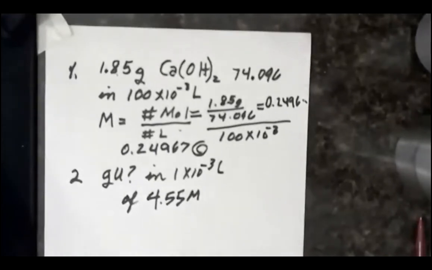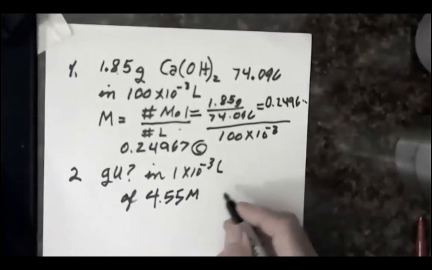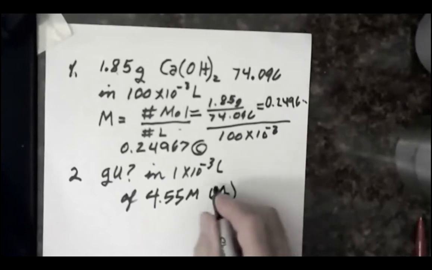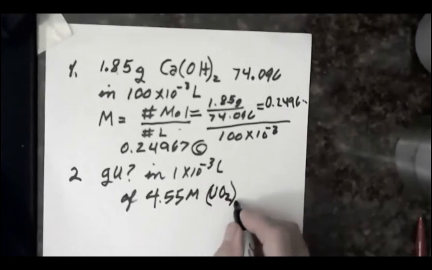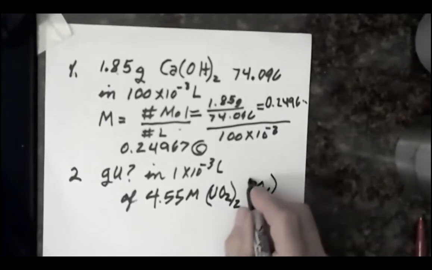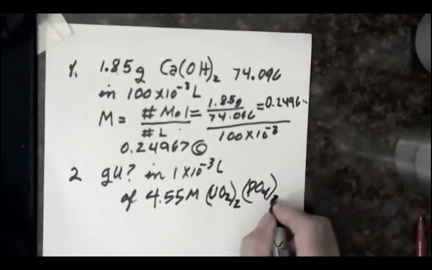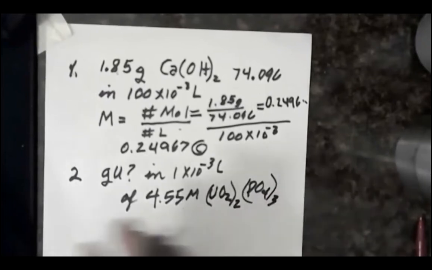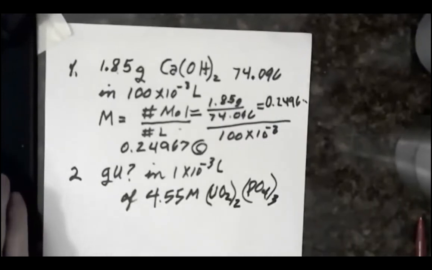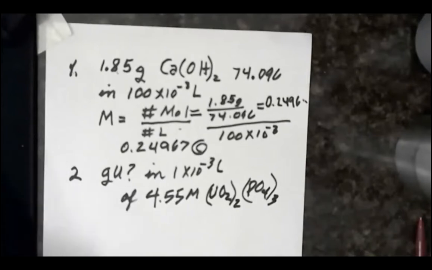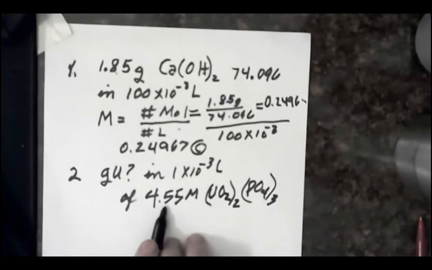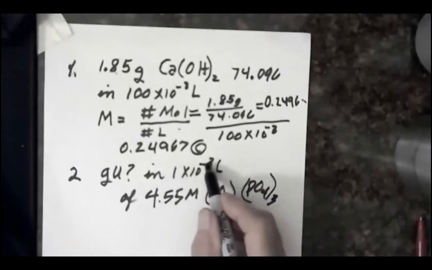Okay, so I've got some of that data, and it was UO2, and we had 2 of them, and PO4, and we had 3 of them, and I think that's probably all we need right there. Okay, so we want the grams of uranium in this much stuff, and that's 1 milliliter.